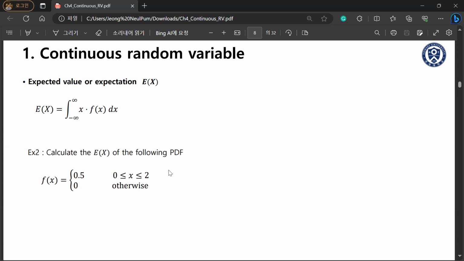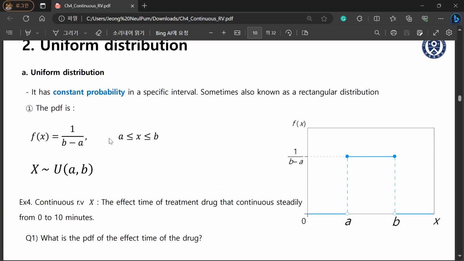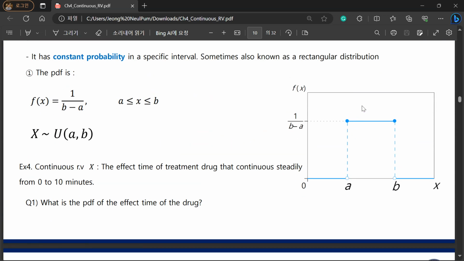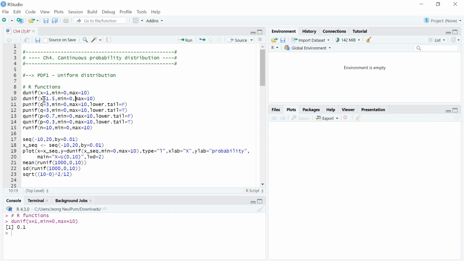As you already know, the density of the uniform distribution is always the same within its support. So we always get the same density regardless of the x value. It is natural that we always get the same value as the result of the dunif function if the minimum and maximum values are the same.